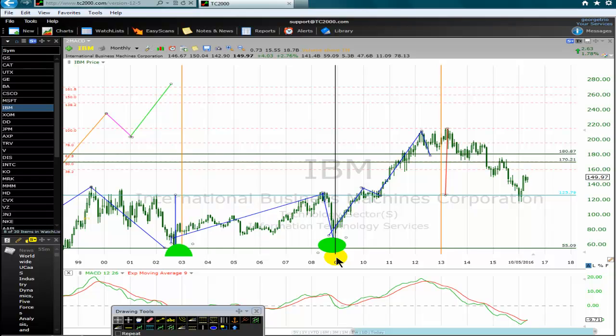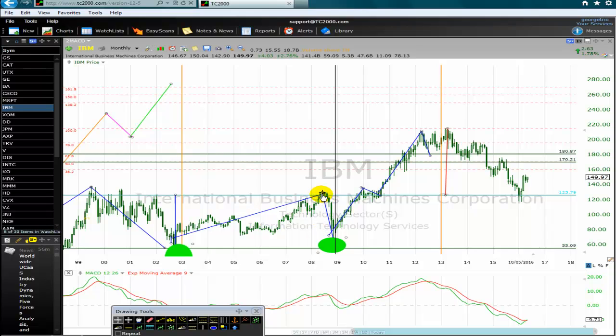So in 2008, the global financial market became bearish. IBM was attempting to complete its normal 10-year cycle, but it was caught up with the global recession from 2007 to 2008.